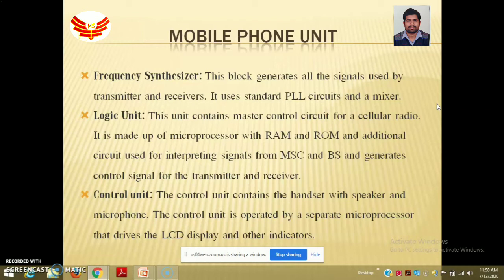It is operated by a separate microprocessor that drives the LCD display and other indicators. The logic unit contains a microprocessor with RAM, ROM and additional circuits used for interpreting the signals from the MSC, the mobile switching center, and the base station, and generates control signals for the transmitter, receiver and frequency synthesizer. This is a very important block: the control unit and logic unit control and coordinate the above three blocks.